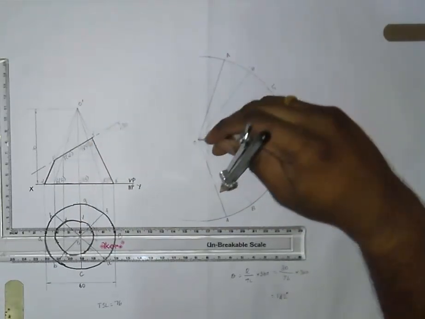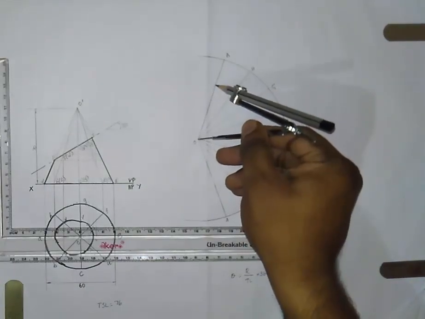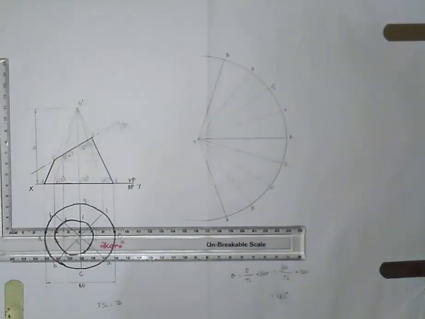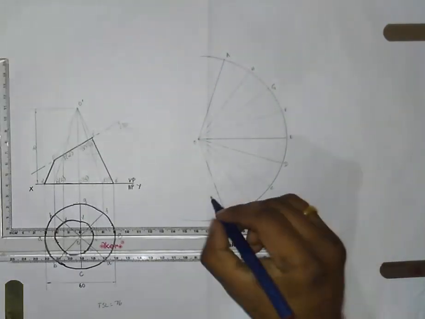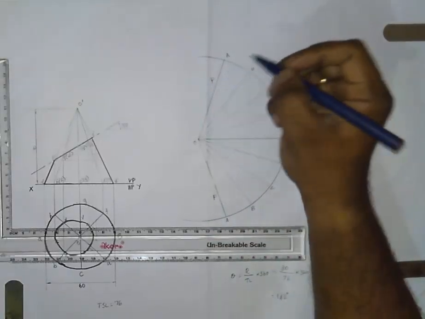So on the OA line just cut an arc. Similarly here cut an arc, you will get the point P. This is your point P, here it is your point P.